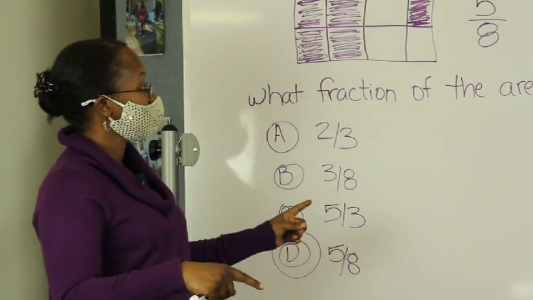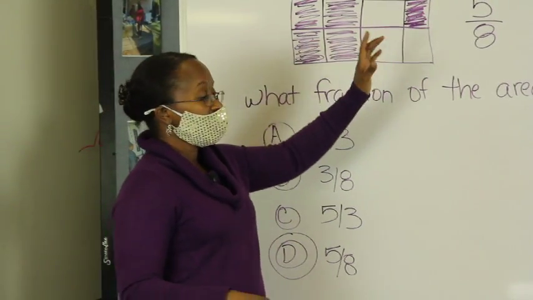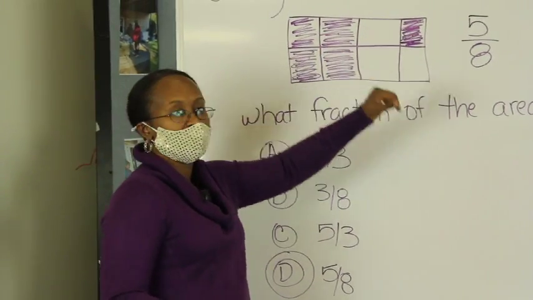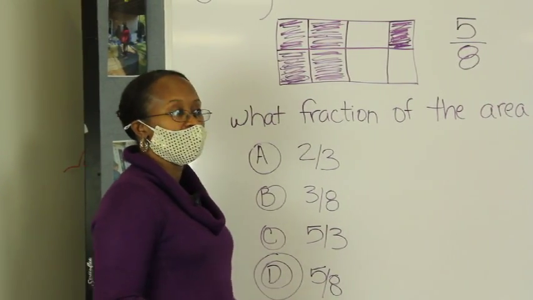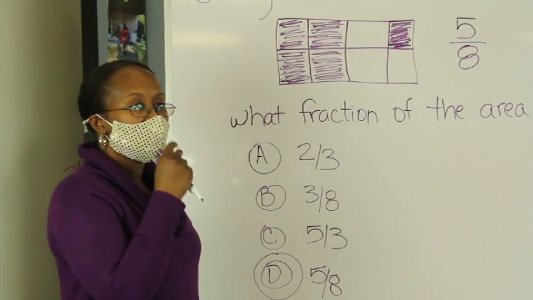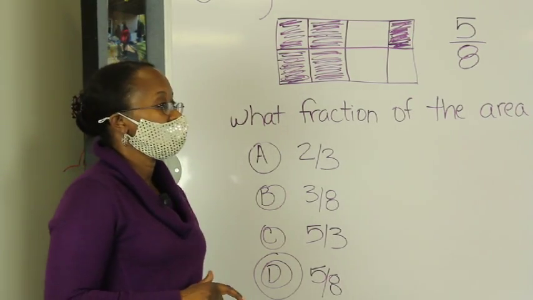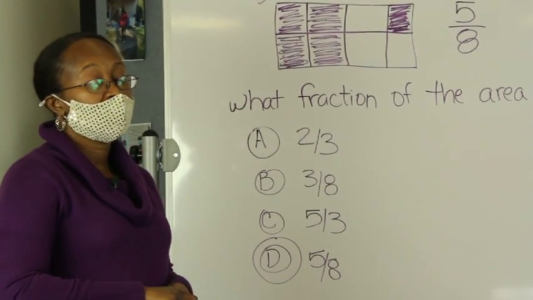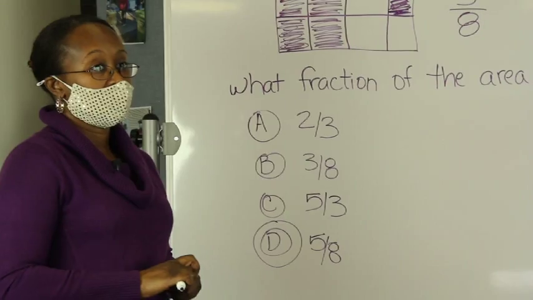If they're asking for the unshaded areas, they may still put 5/8 down here just to see if they can trip you up, okay? So take your time, and once you have your answer, bubble in the answer sheet correctly, okay?